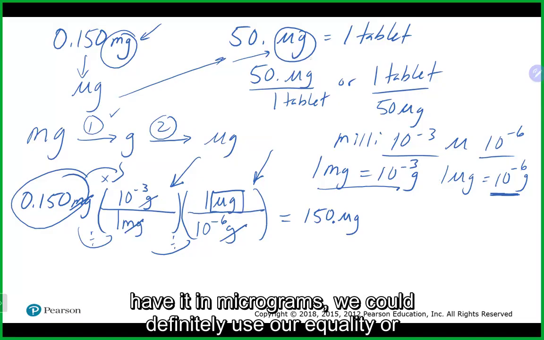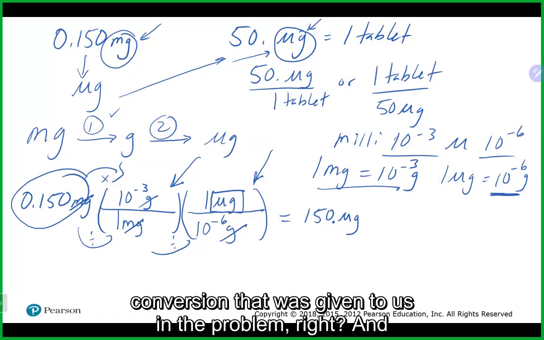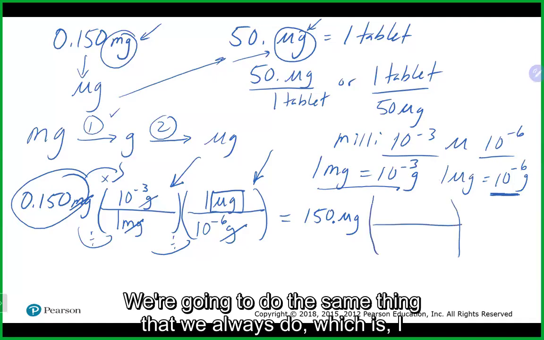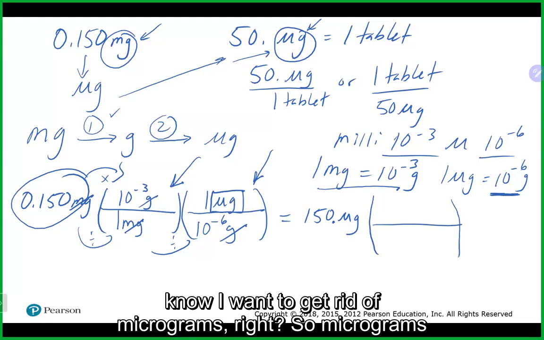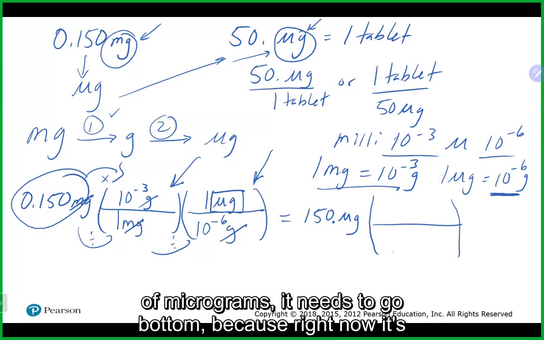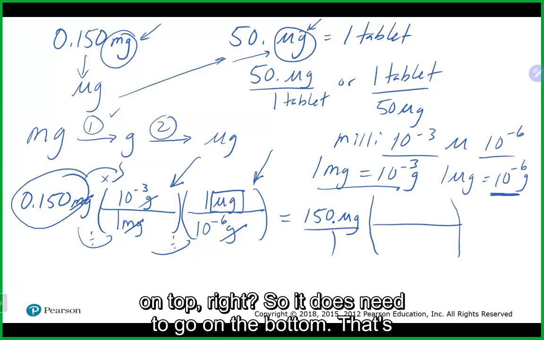Now that we have it in micrograms, we could definitely use our equality or conversion that was given to us in the problem, right? And again, you could actually just continue on here if you like. We're going to do the same thing that we always do, which is I know I want to get rid of micrograms, right? So micrograms should go top or bottom? If I want to get rid of micrograms, it needs to go bottom because right now it's on top, right?